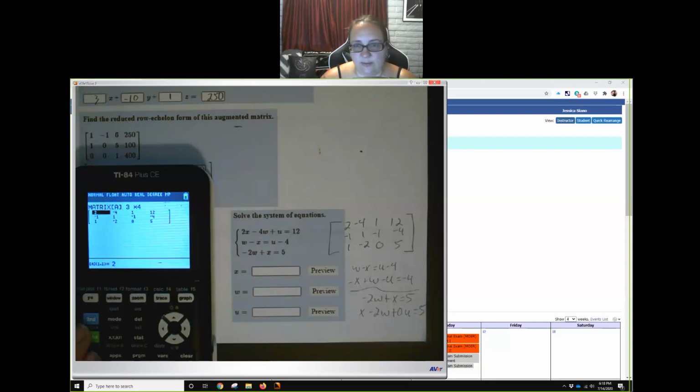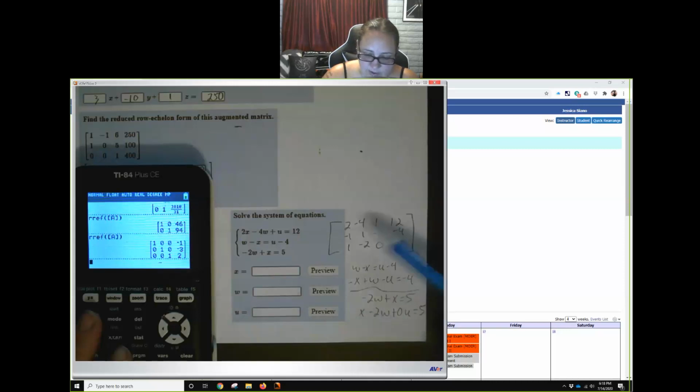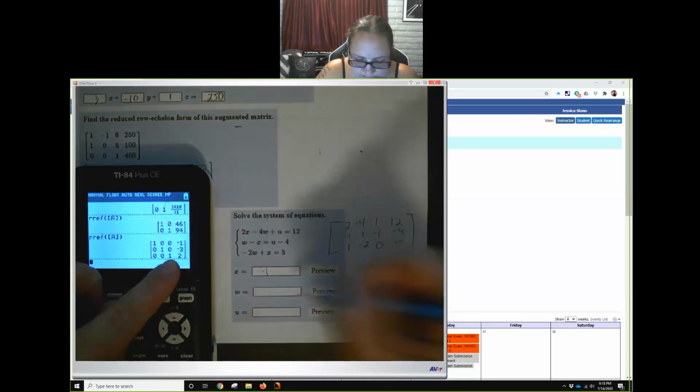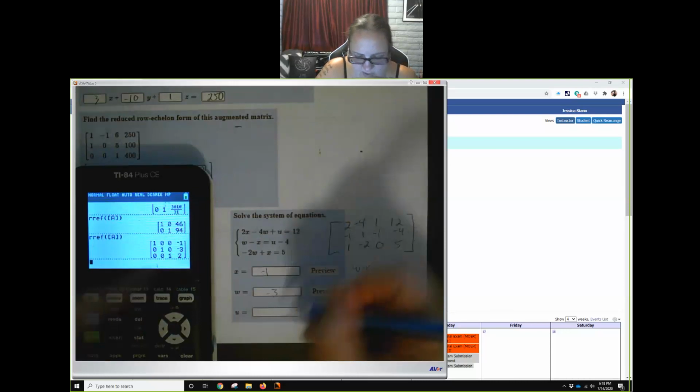I always take a second and compare. Okay, second quit. Second enter to pull up RREF of A again, because remember we changed A. Okay, so I did XWU, so X is negative 1, W is negative 3, and U is 2.